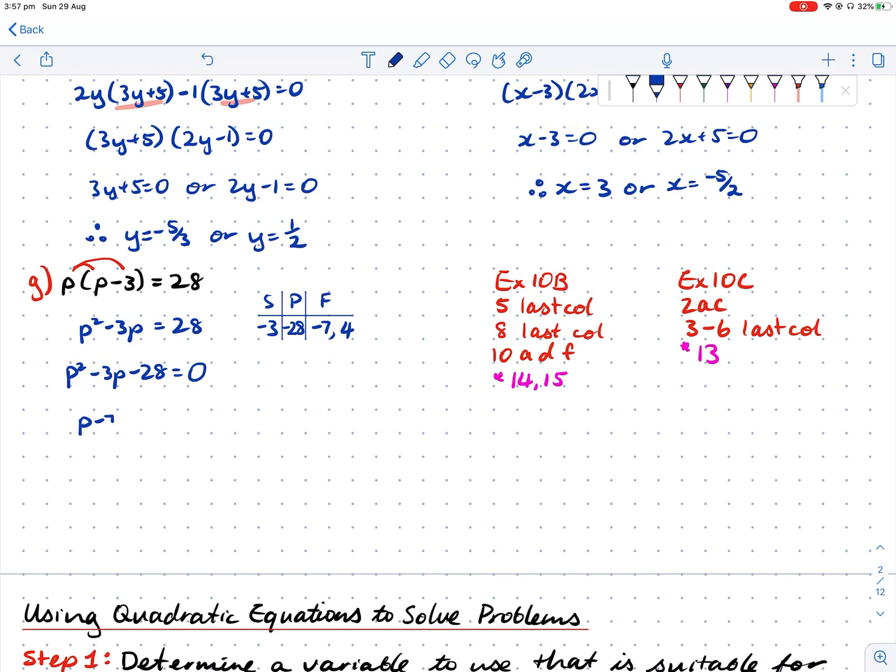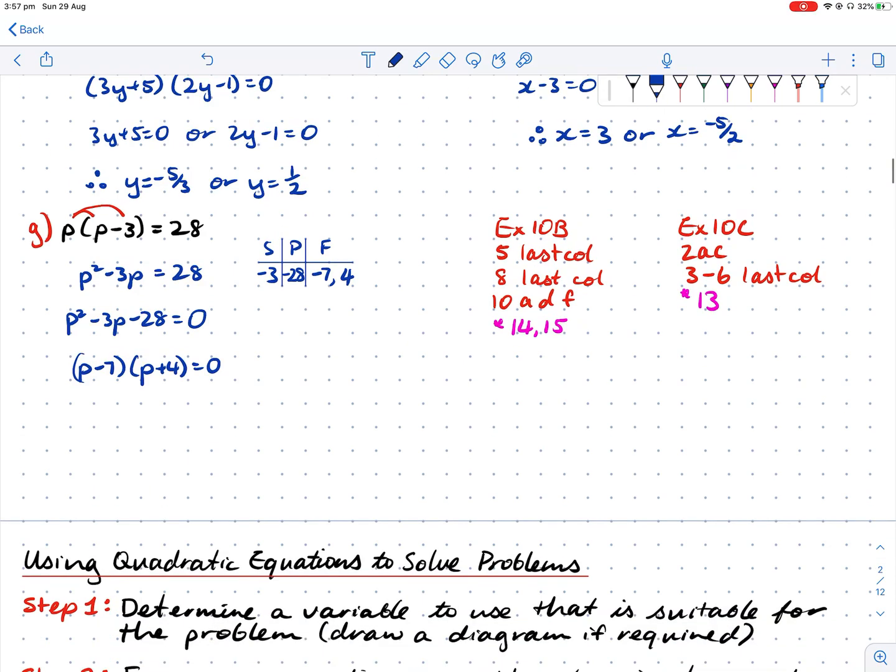So (p minus 7)(p plus 4) equals 0. So then either p minus 7 equals 0 or p plus 4 equals 0. So when we solve these equations, p is 7 or p is equal to negative 4. So those are the two possible solutions.